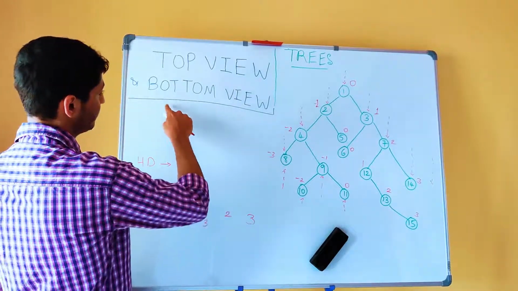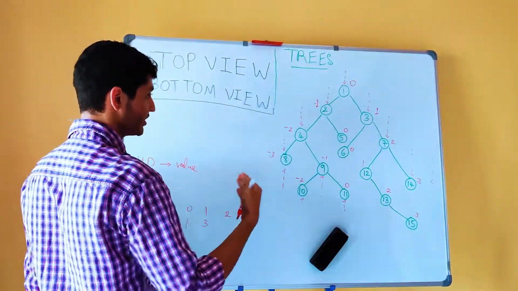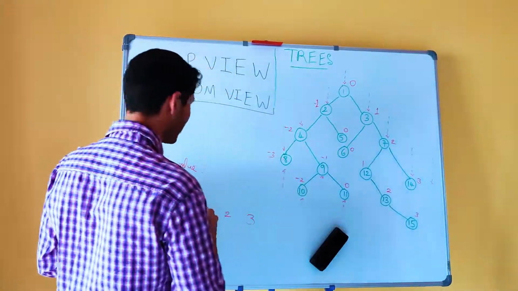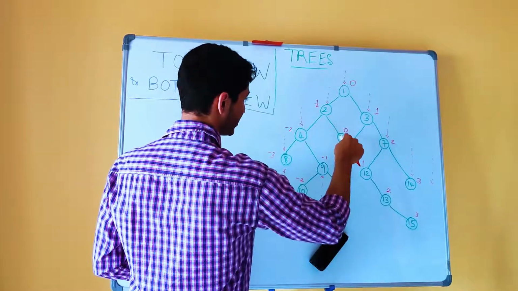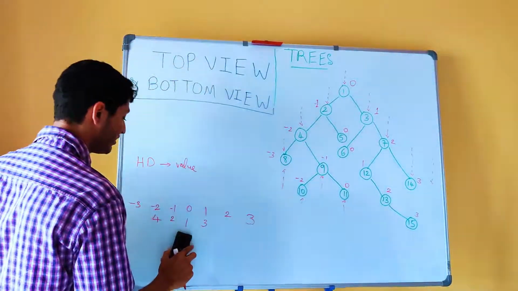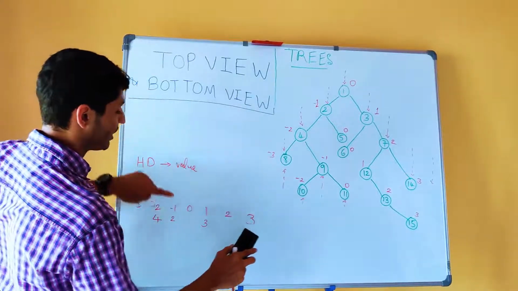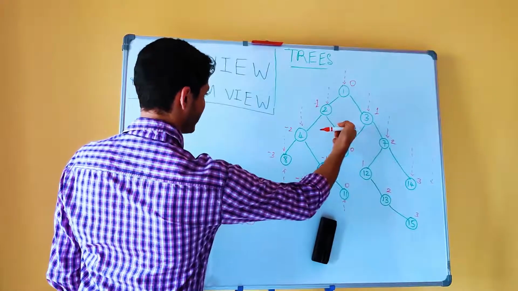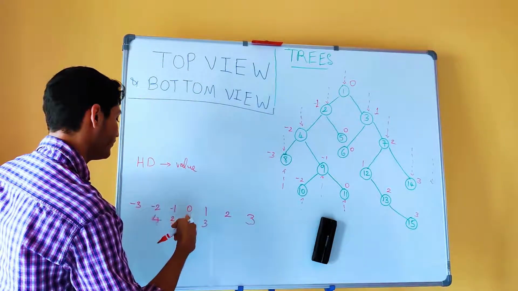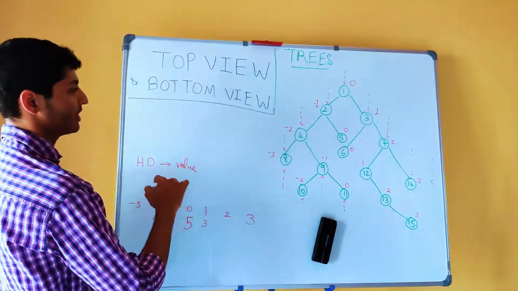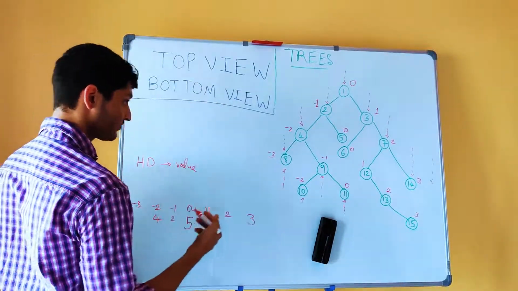But here, since we are finding the bottom view of the tree, we are looking from the bottom, and so we need to keep track of the last node which has the corresponding horizontal distance. So here, while finding the bottom view, you will update the map. So for 5, horizontal distance HD was 0, which was not empty, but we still update the map while finding bottom view.